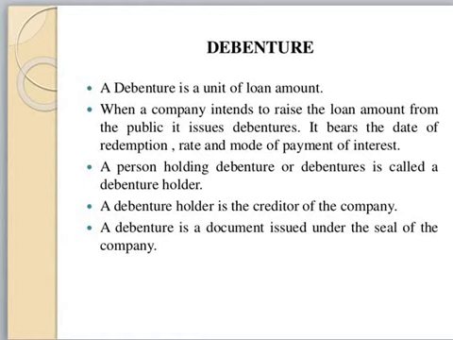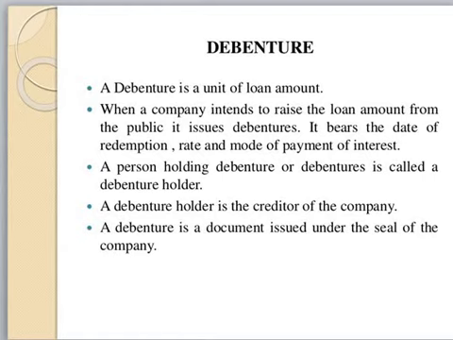The person who holds a debenture, or who lends money to the company by using a debenture, is called a debenture holder. And we know that if it is a loan, the lender always comes as a creditor. So the debenture holder is the creditor of that company.